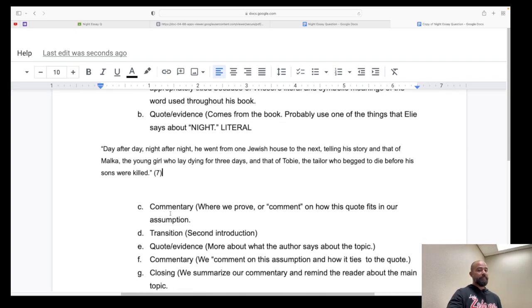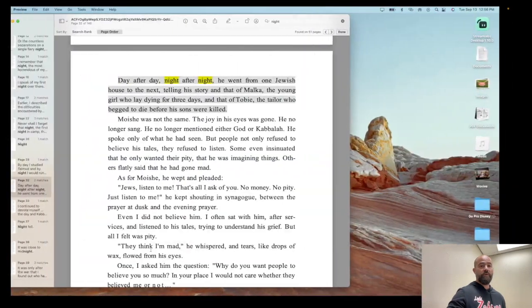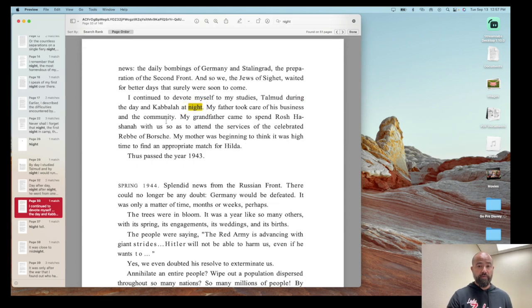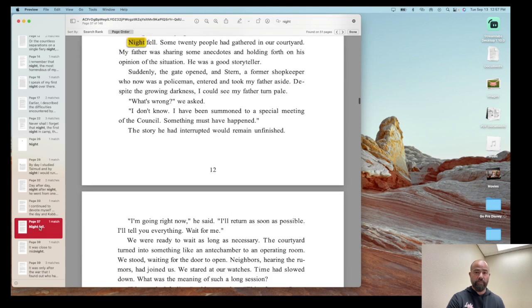I know I'm skipping a couple of steps here, but while I'm looking in the book, I'm using the same process, so I'm going to go look for my symbolic usage of the word. I can just literally look at this step by step with each page that it's on, and I can read through that. Talmud during the day and Kabbalah at night. Nope, that's literal.